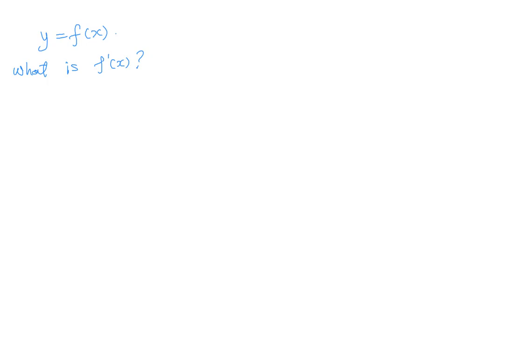Ethan? Answer? The rate of change of the function f(x). Okay, so listen here, the rate of change of function f(x), or we can say f prime x, is the rate of change function.